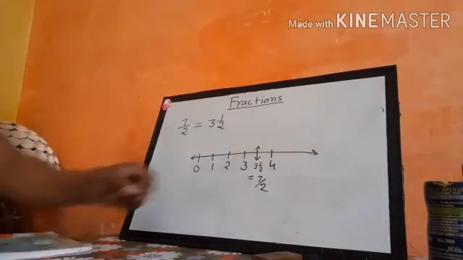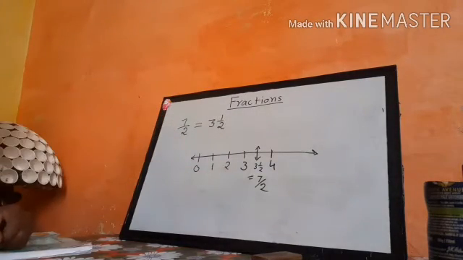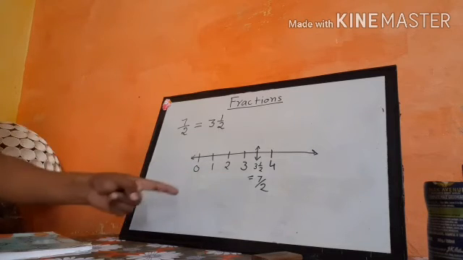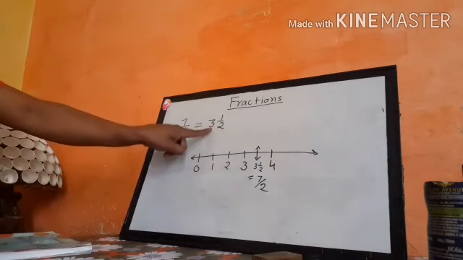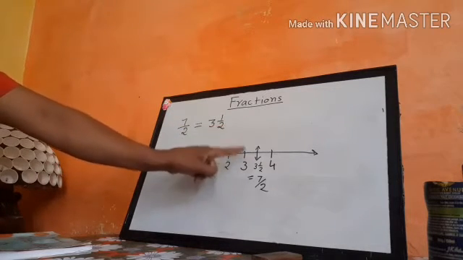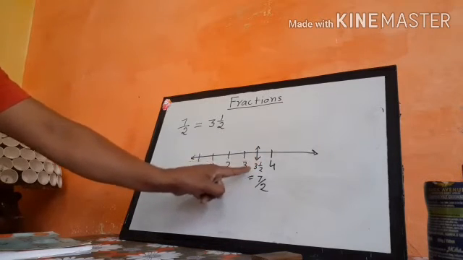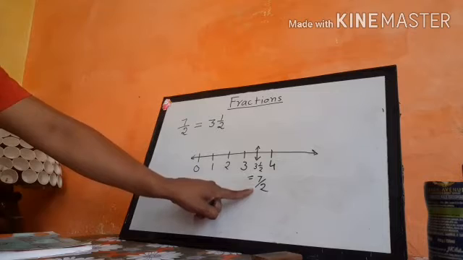In such a way we are able to represent 7 upon 2 on the number line. Here you can see, as I did in the previous example, first I have taken 3 as the whole number, so 1, 2, 3 as a whole number, and after that I represent this half. So this value is representing 3 right 1 upon 2 or 7 upon 2.